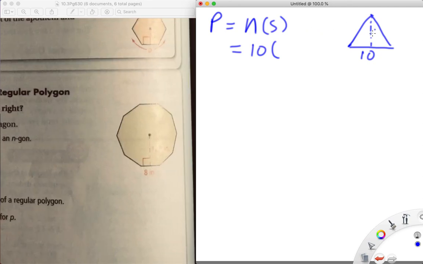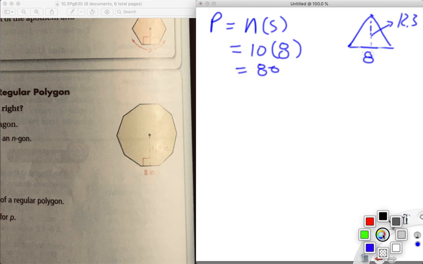Okay, so the apothem is 12.3. Actually, no, this is 8. Sorry. The side is 8, the apothem is 12.3, and it's a decagon, so we have 10 sides. So 10 sides times 8, our perimeter is 80.